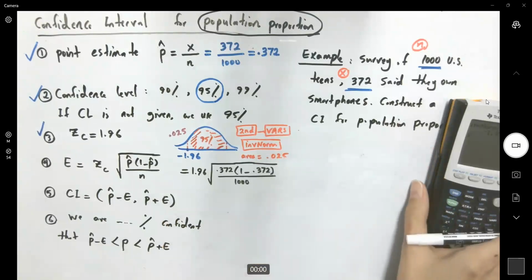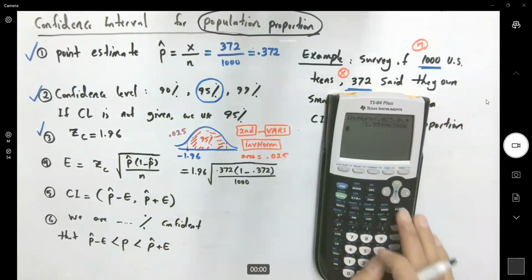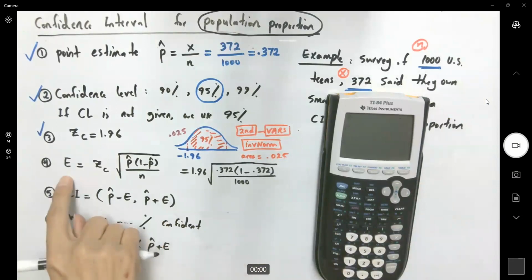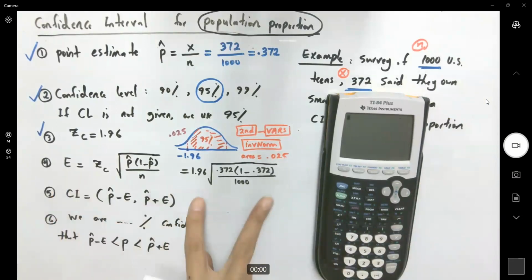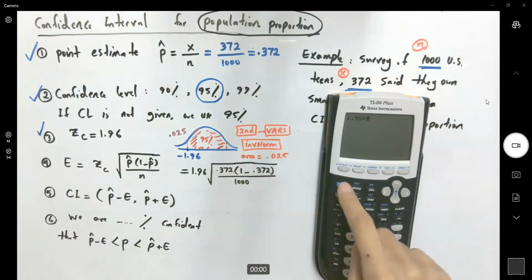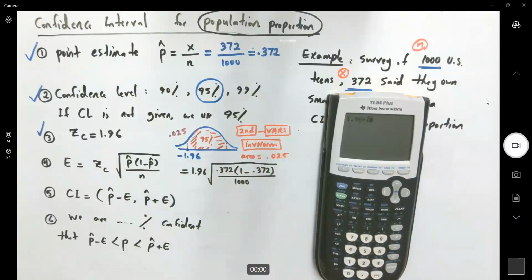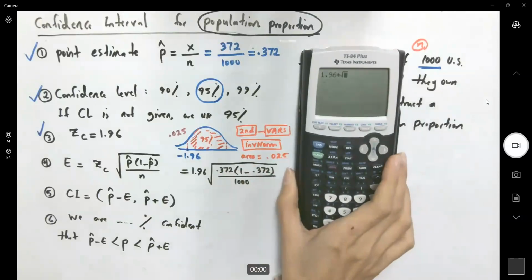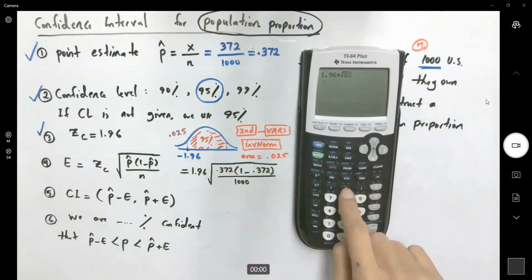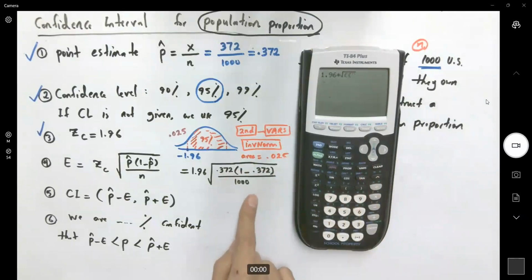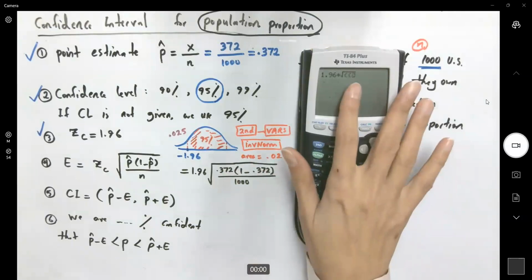Let us do the calculation. What is the margin of error? We're going to use our calculator. We have 1.96 times, now we are dealing with the radical, so second x squared, and I'm going to use a bunch of parentheses because I want everything to stay inside my radical.